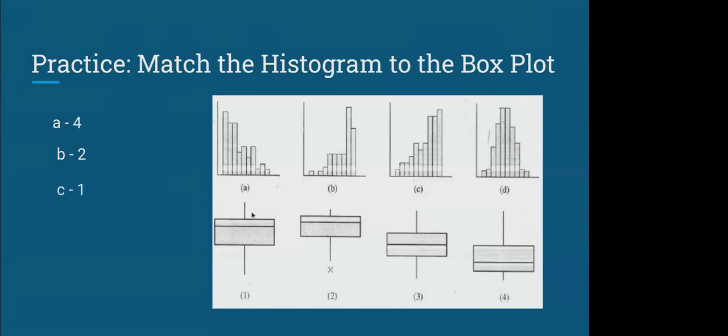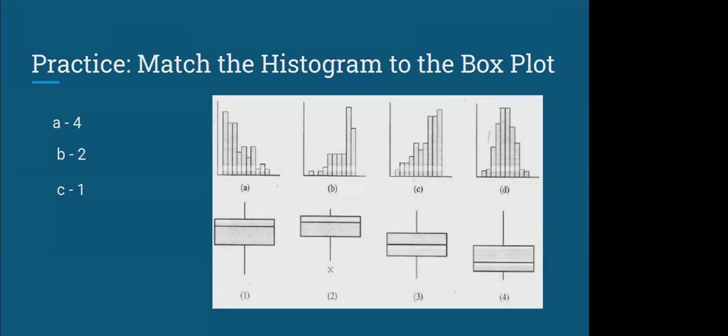And again, D, when we talk about shape, is it left skewed, right skewed, or is it symmetric? Just talking shape. It's symmetric. So if we split it right down the middle, we can fold that over. Left side looks exactly like right side.